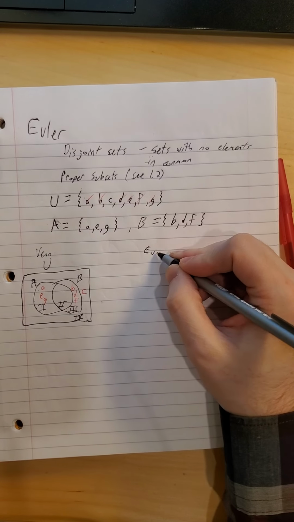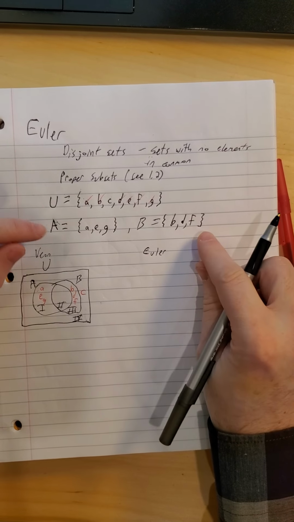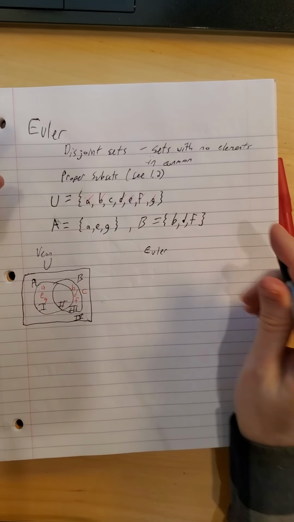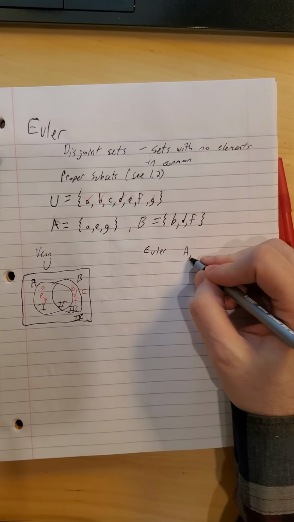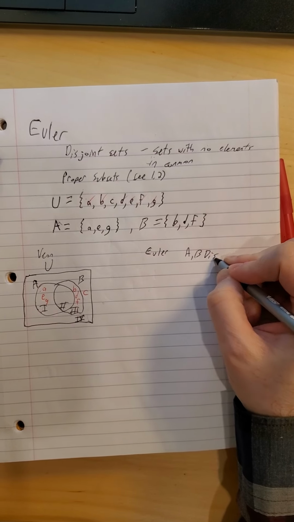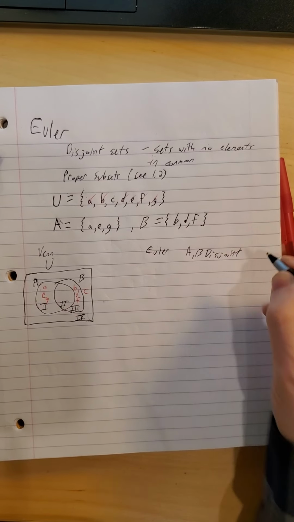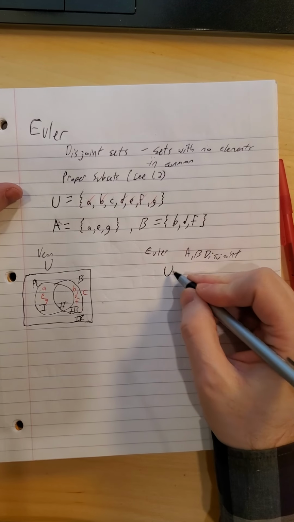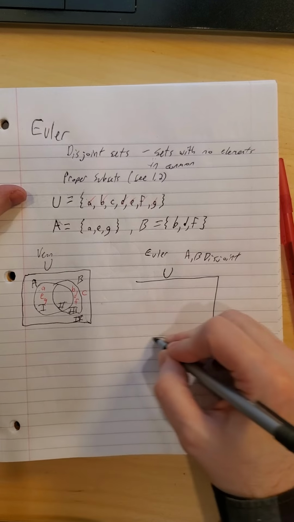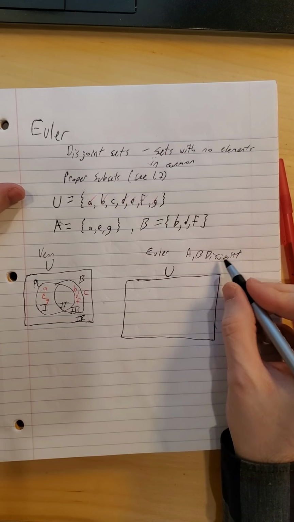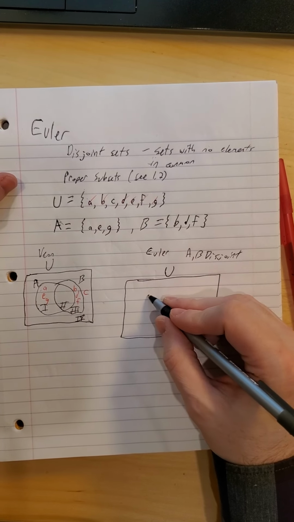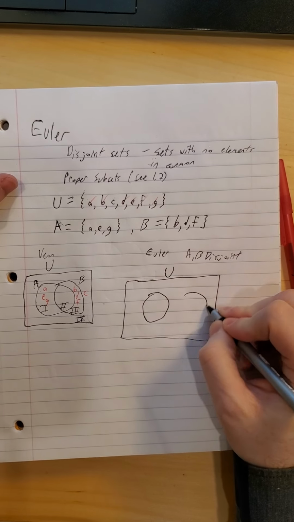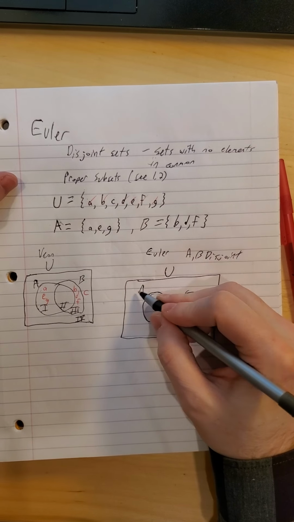Euler would have approached it differently. Euler would have looked at the sets and said, okay, A and B are disjoint. So he would have started the same way, big universal set U, but since they're disjoint, since they don't overlap, he would not draw the circles overlapping. He would draw them as separate circles.